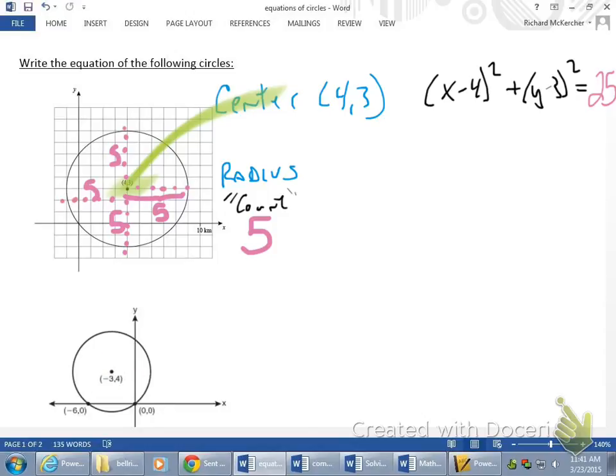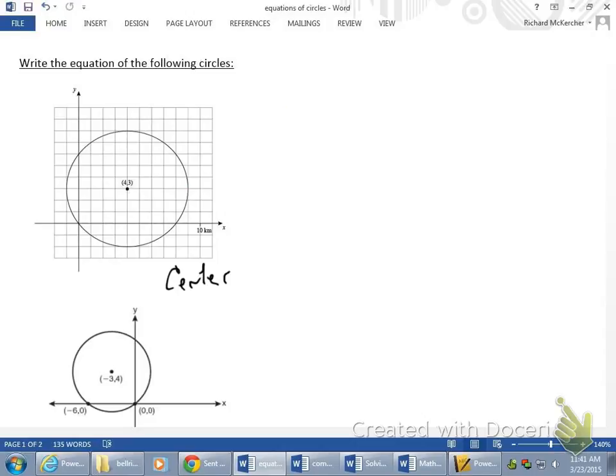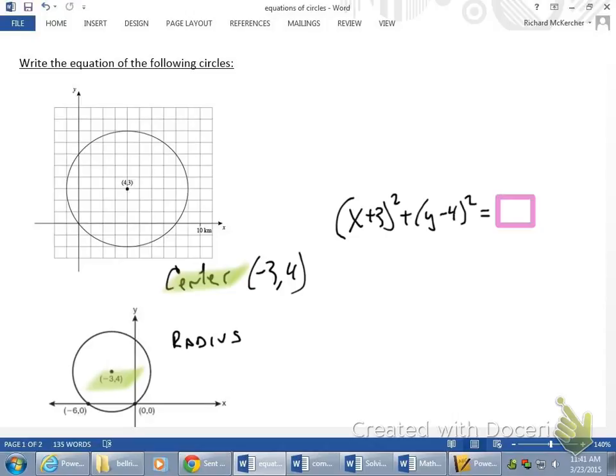Now this next one, a little bit different. Notice this time I didn't give you the coordinate plane, which made it a little bit harder. The center is still easy, so I can still write out what I know about the center. But I have to think about that radius squared. Now I'm going to have to work for that radius squared. There's a couple ways I can do this. I can either use the distance formula, or, and this is the way I'm going to use on this problem, I could draw a right triangle.